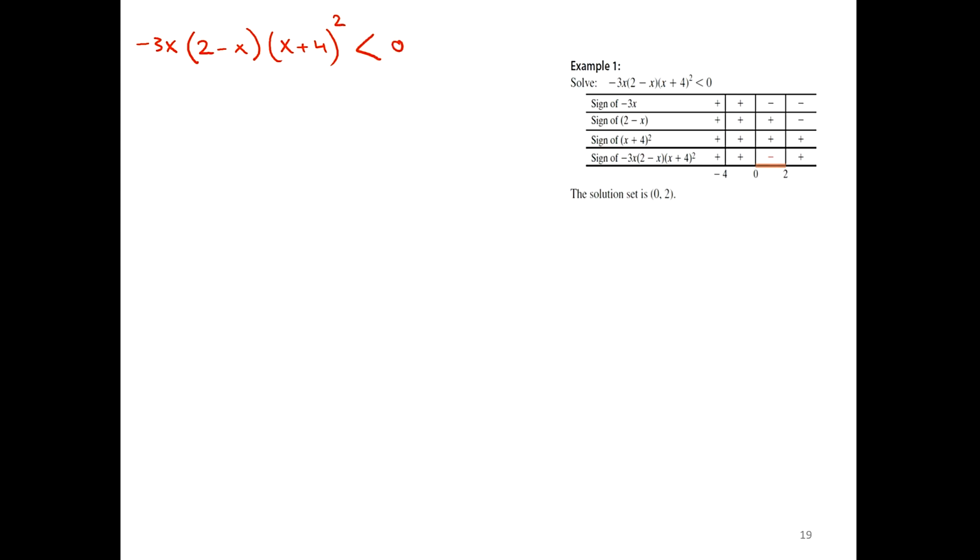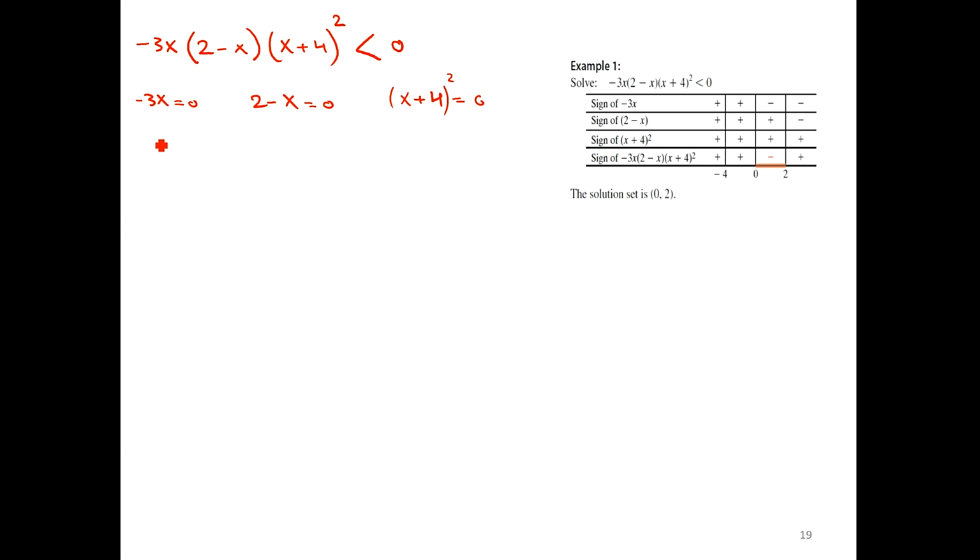So we need to find the intervals where the left-hand side is negative, less than 0. Firstly, solve: minus 3x equals 0, 2 minus x equals 0, and x plus 4 equals 0. Also we can put it as a square, no problem.